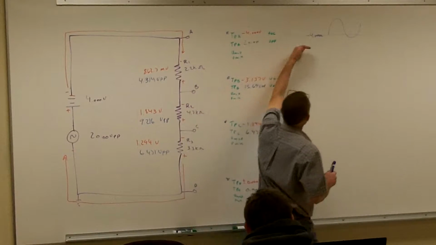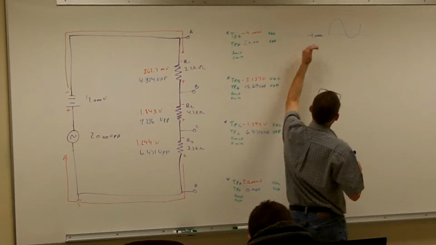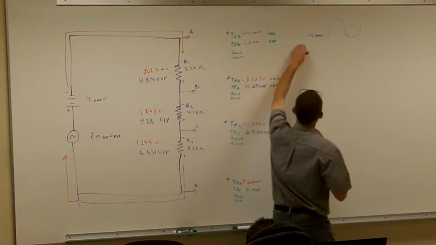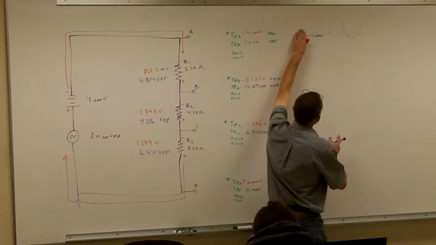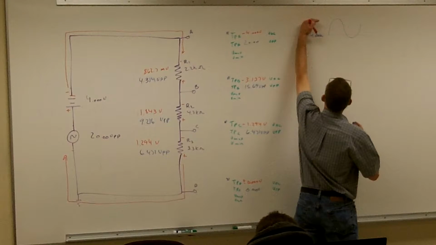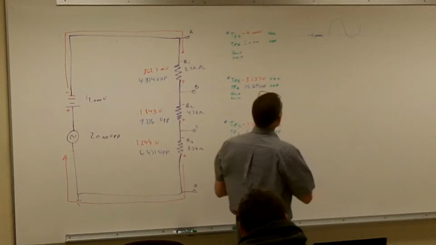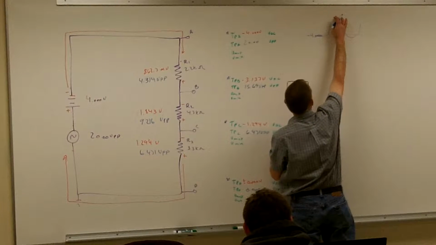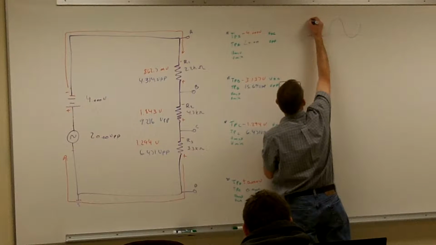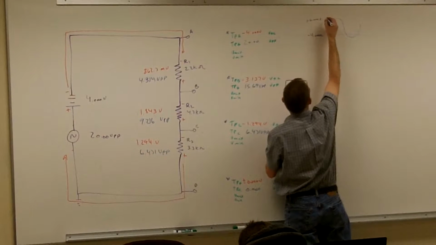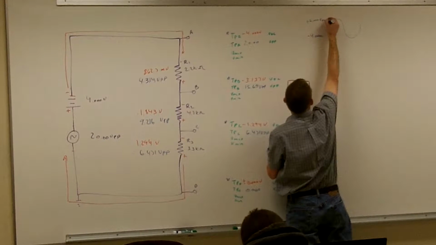And I know that my AC signal is always going to be right on my DC reference. So if I know that I'm at my -4 volts, and I'm going to be 10 volts above it, what's my value of my peak here? Plus 6 volts. That's going to be considered my Vmax.